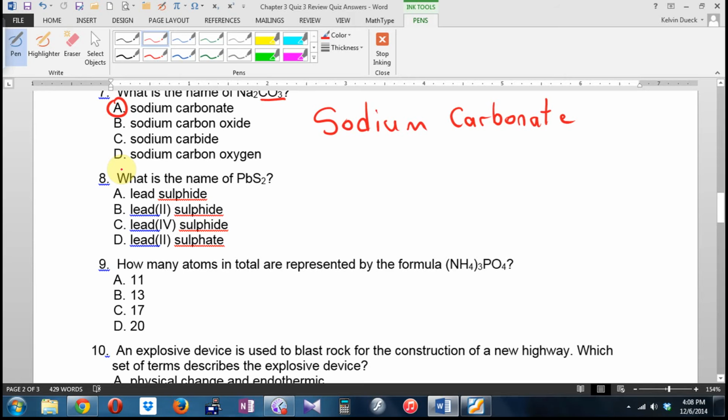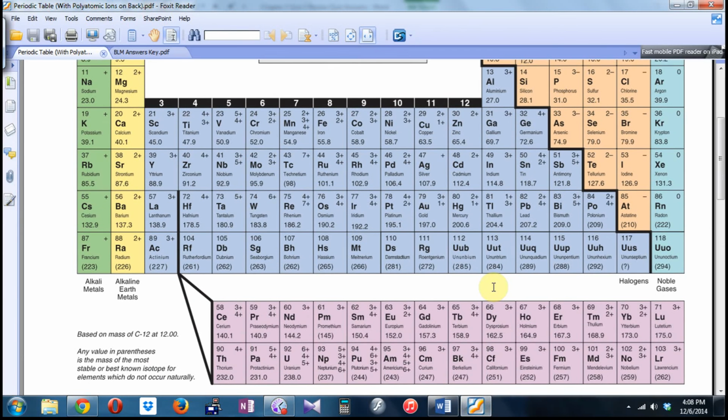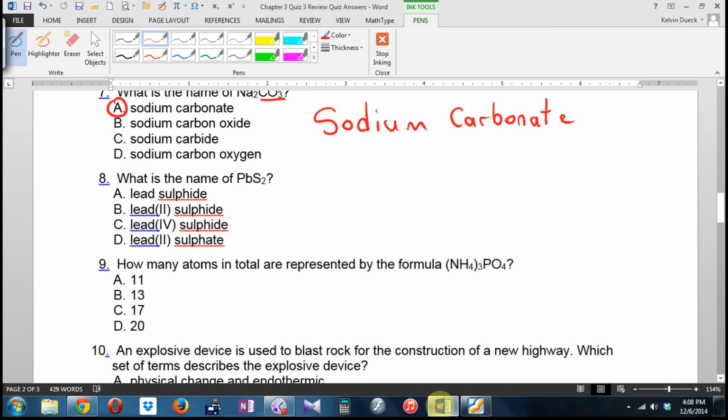What's the name of S2Pb? Oh, lead. Oh, wait a minute. Lead. Yeah, I think that's a multivalent. So it's either going to be lead 2 or lead 4, or there are other possibilities, but let's see. Sulfur. If we look at the sulfur, there's 2 of them. Each one is worth what? What's the charge on a sulfur ion? When I look up sulfur's ion charge, it's 2 negative, so the total negative charge is 4 negative.